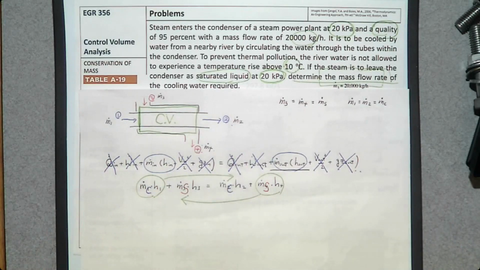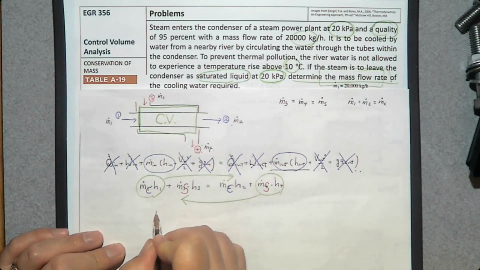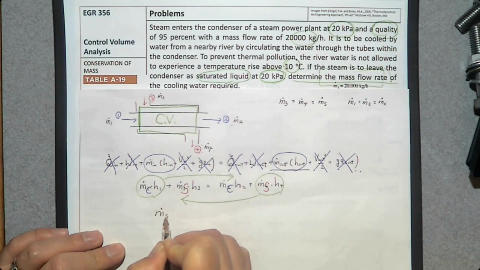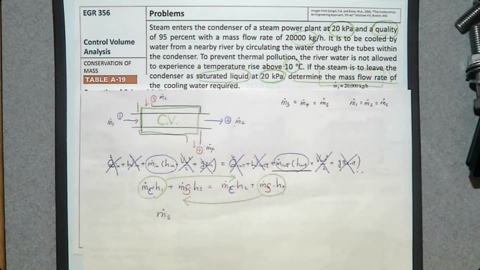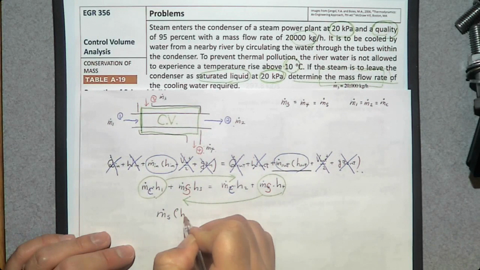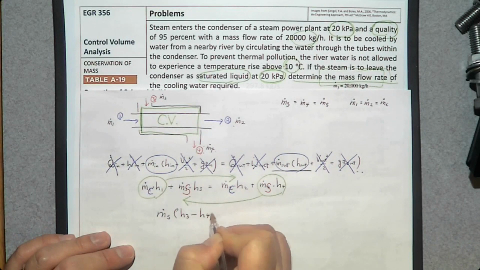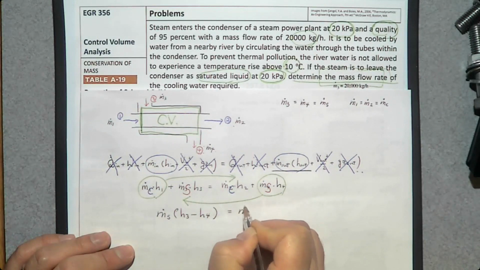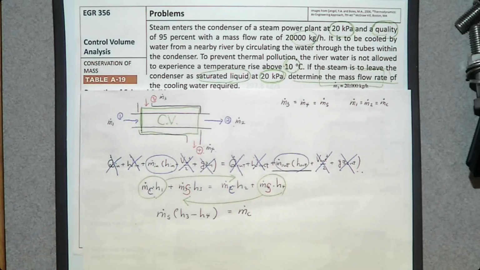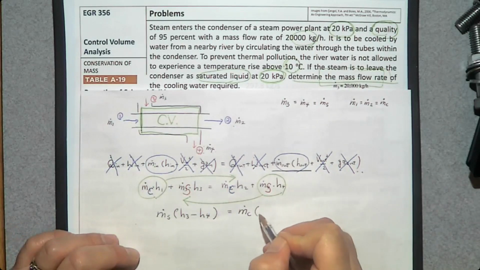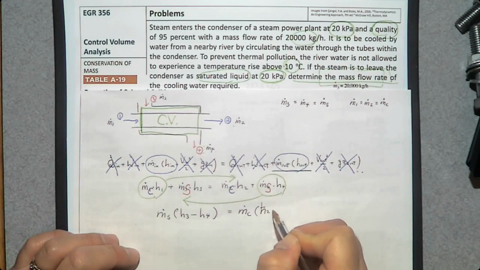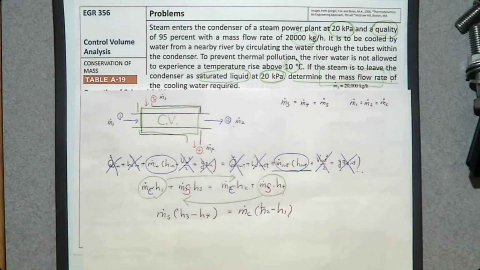Then the energy balance equation is m dot of S, the mass flow rate of the steam, times h3 minus h4 is m dot of C, the mass flow rate of the cooling water, times h2 minus h1.